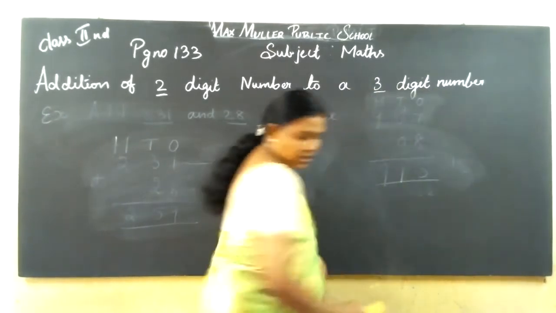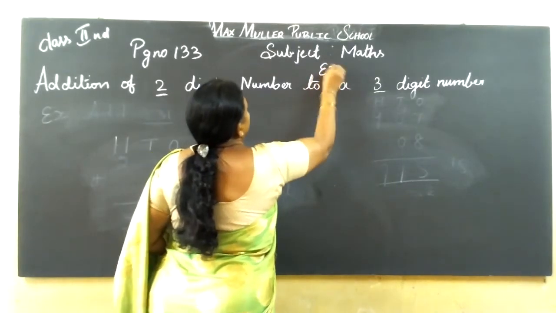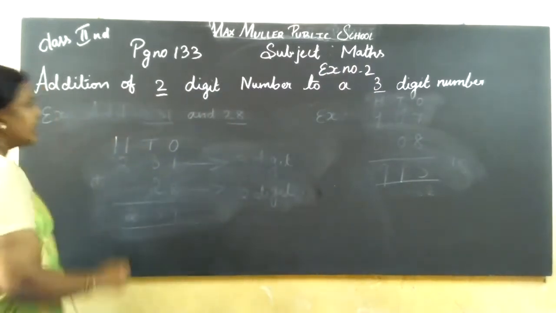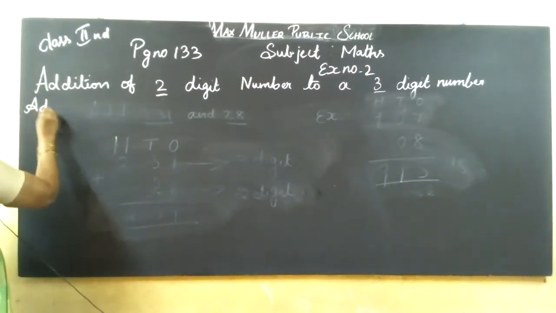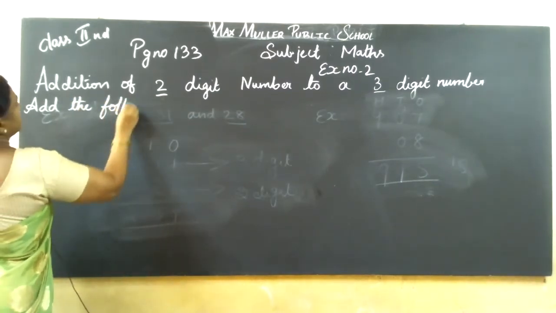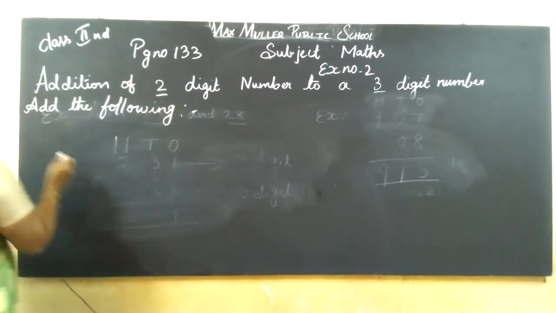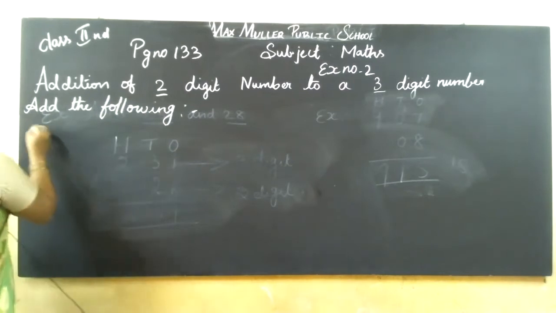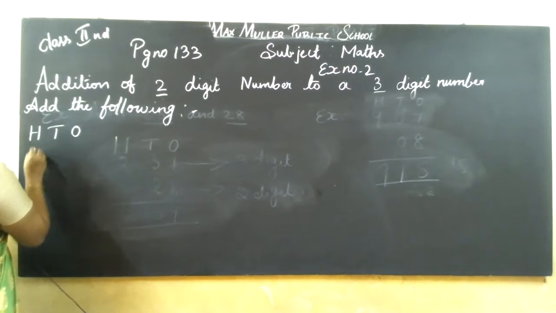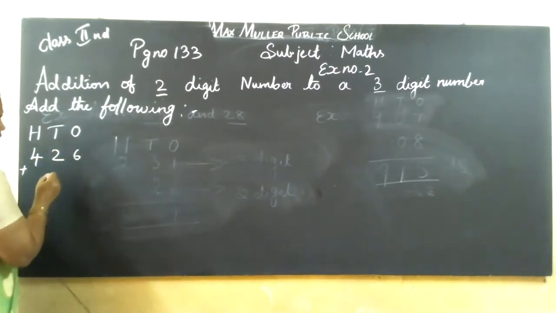Exercise number 2. Exercise number 2. Add the following. First one, 426 plus 43.